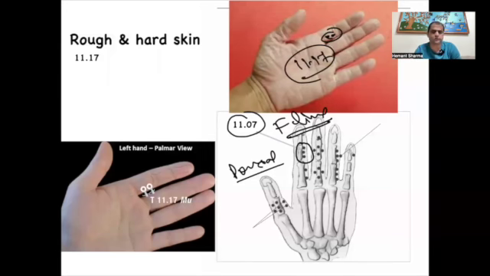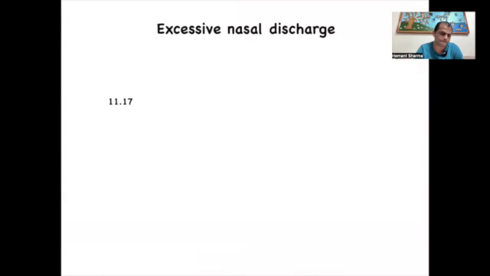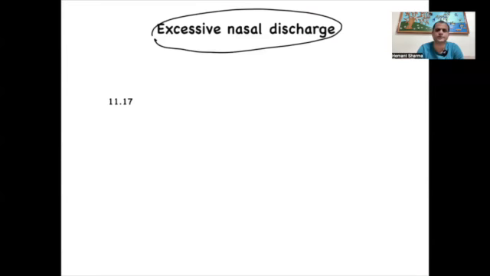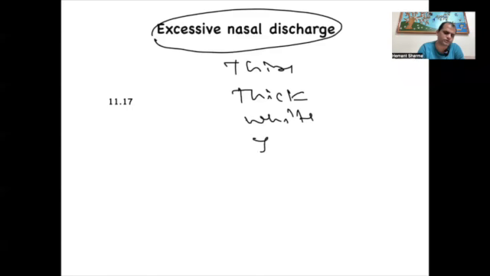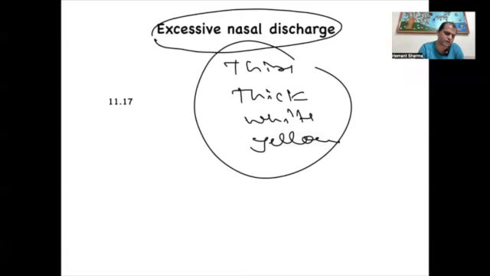Very good point for rough and hard skin of the palm. Now, if the person has a common cold or excessive nasal discharge, whether thin or thick, whether white or yellow discharge from the nose, in all conditions we can use 11.17.